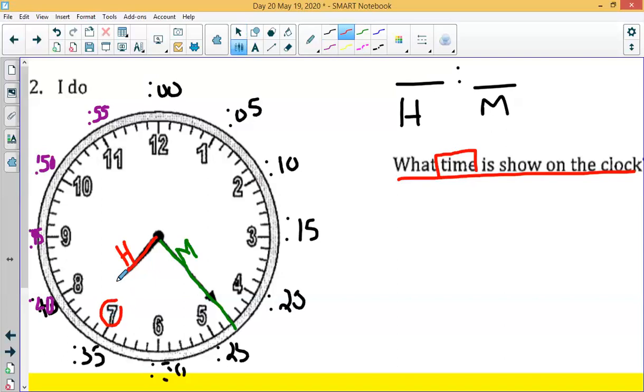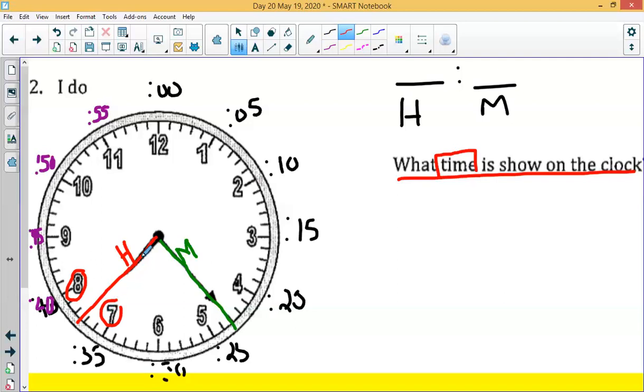So we extend that line. That's where our hour hand is. It is past 7, but it has not reached 8 yet. So our hour, because it has not reached 8, stays at 7.